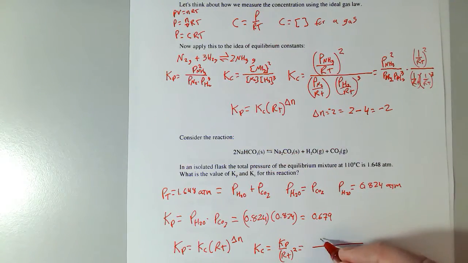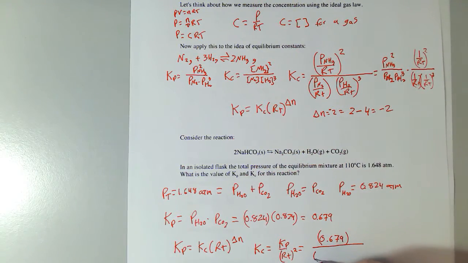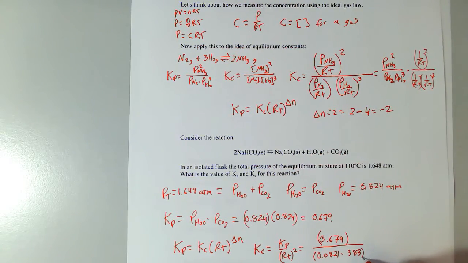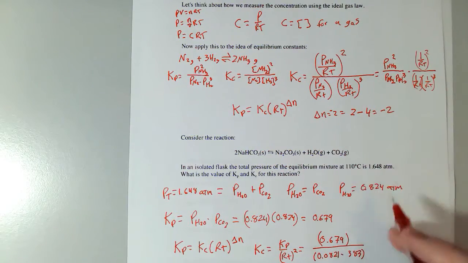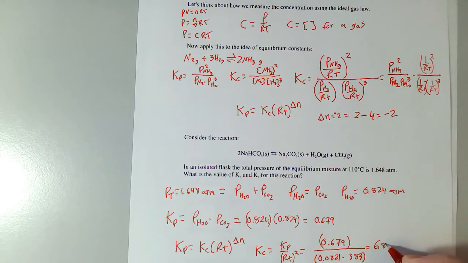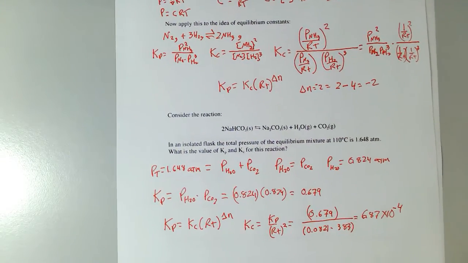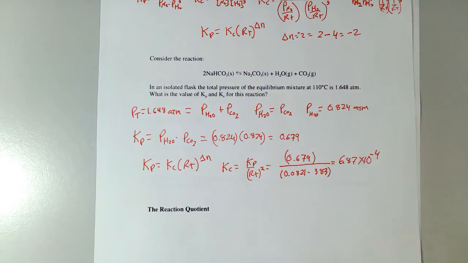So numerically, I have 0.679 divided by 0.0821 times 383. Now that's 110 plus 273 to get it into Kelvin. And this equals 6.87 times 10 to the negative 4. Occasionally, you'll get very lucky, and delta n will equal 0, and Kp is equal to Kc, but not that often.